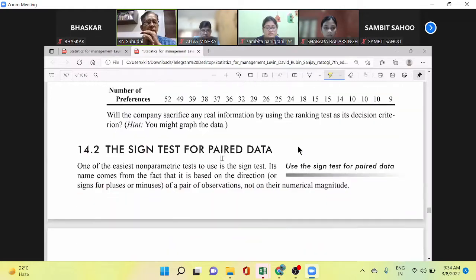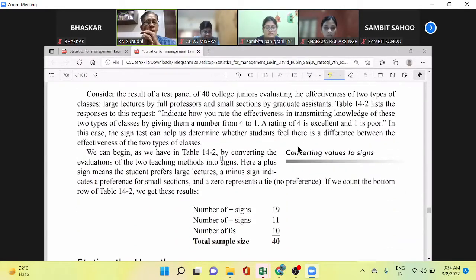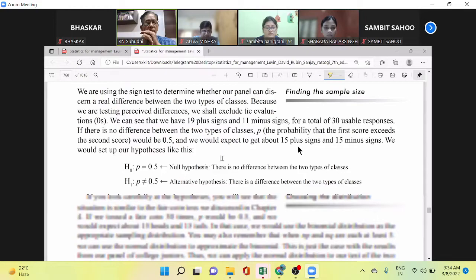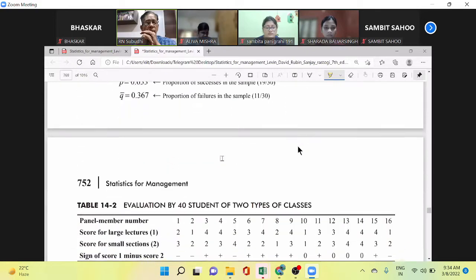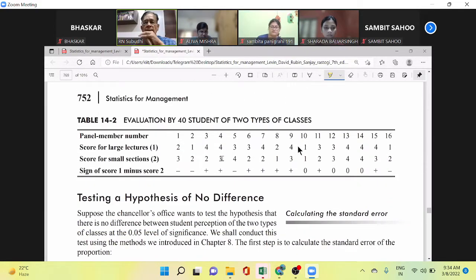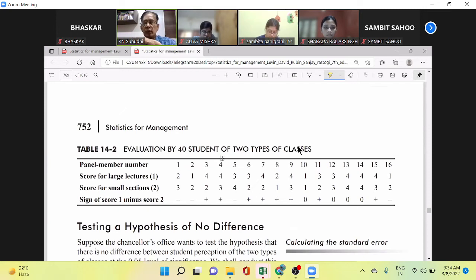Next, page down. Next. Yes, now those who have by chance a printed hard copy of the book, check table 14.2. Sambita, can you put two pages on the screen together?